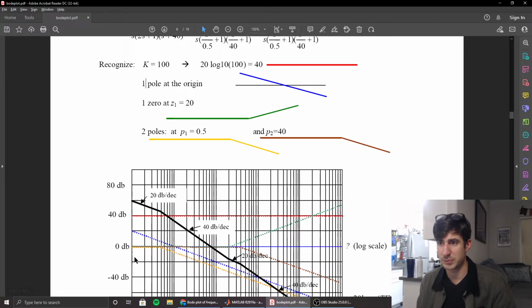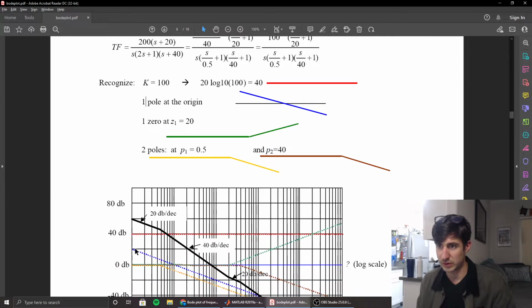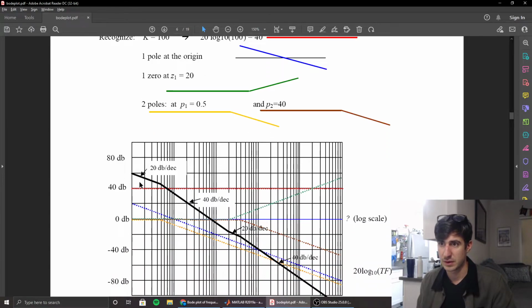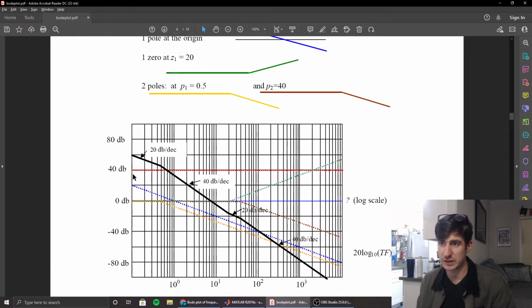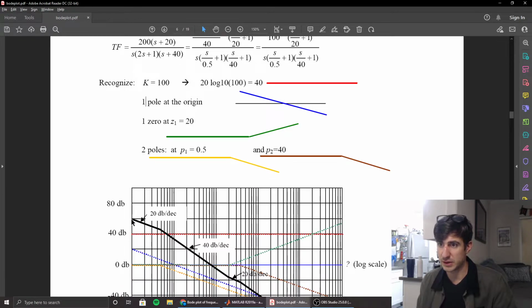Well, it's 20 dB per decade. They just drew it 20 dB above 0 dB, which is fine. So you can start at 40 dB, and then because you have the pole at the origin, it's going to pull it down. So actually it's starting at 60 dB. 60 dB right here is where we start at the 0 frequency.